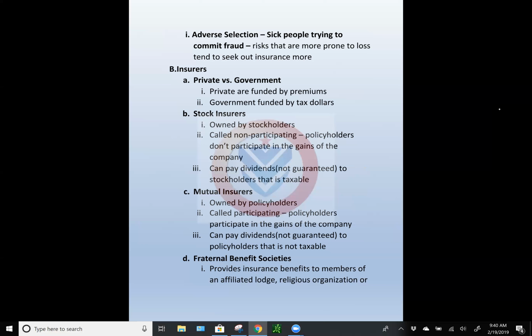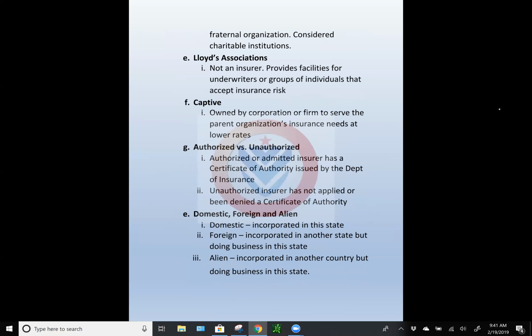Next, we have fraternal benefit societies. They provide insurance benefits to members of an affiliated lodge, religious organization, or fraternal organization. They are considered charitable institutions. Lloyd's associations, not an insurance company. What they do is they provide facilities for underwriters or groups of individuals that accept insurance risk.